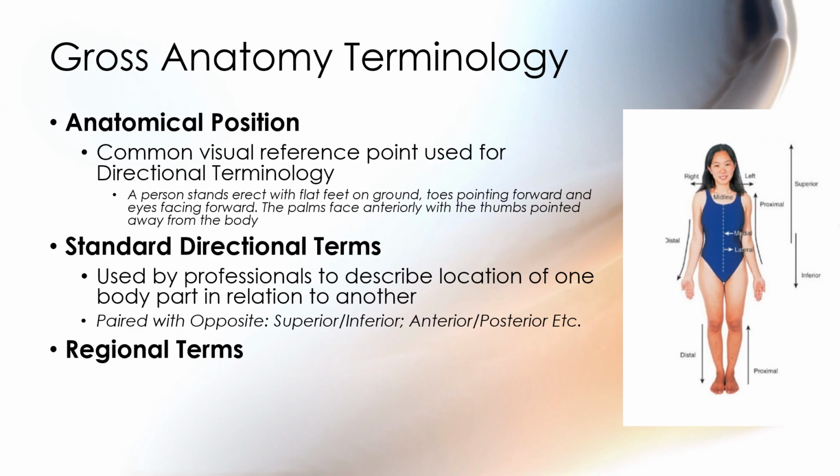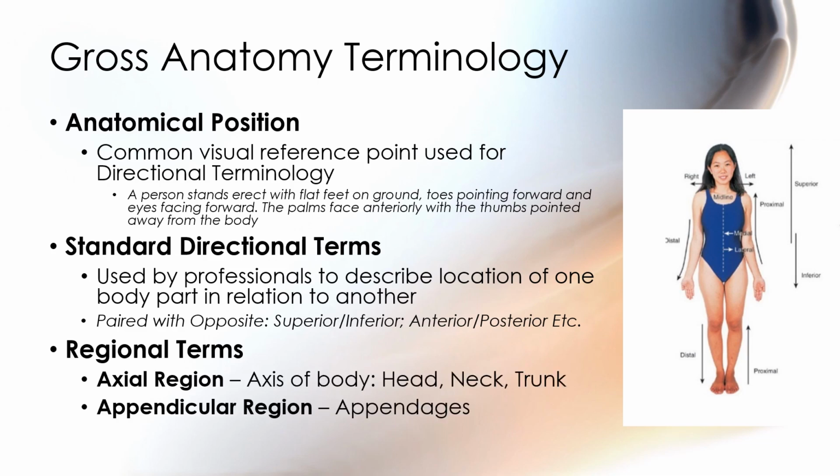You have to be very specific in the medical profession to describe the location of a body part in relation to another body part. So we'll go through these directional terms and get a sense for how you describe one area with reference to another area or body part.